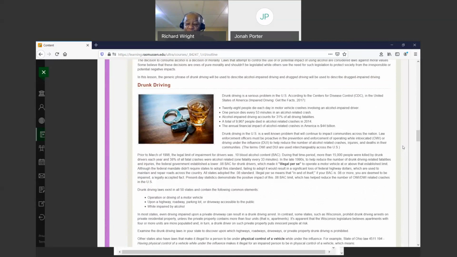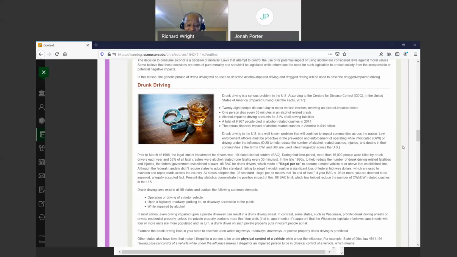So many people were killed that in the 90s, the federal government established 0.08 blood alcohol content that made it illegal per se, which means that if you blew 0.08, or earlier 0.10, on the breath test, you were considered as driving under the influence, even if you thought you could control the vehicle. So all the states changed to 0.08, and then that person was considered legally impaired.